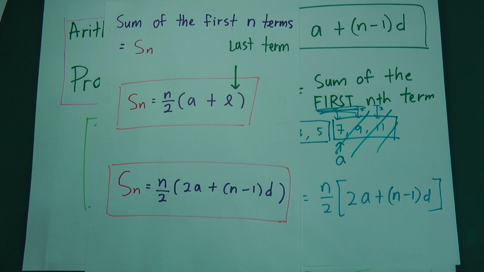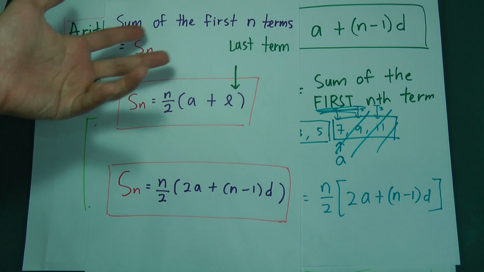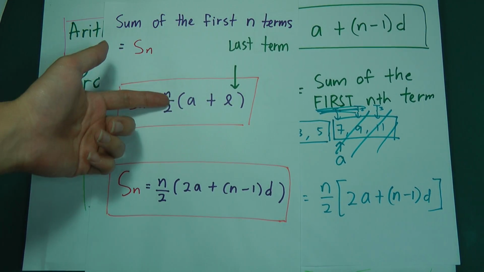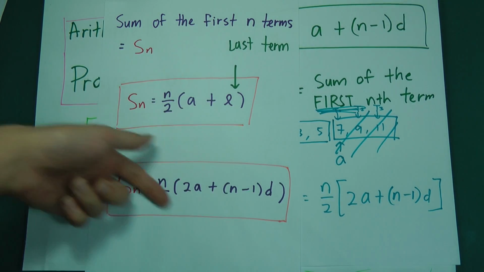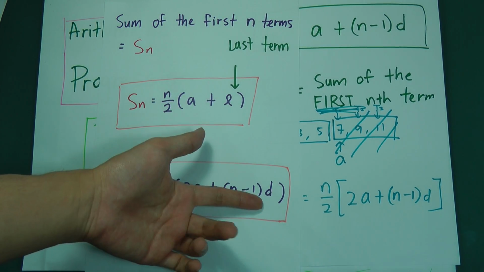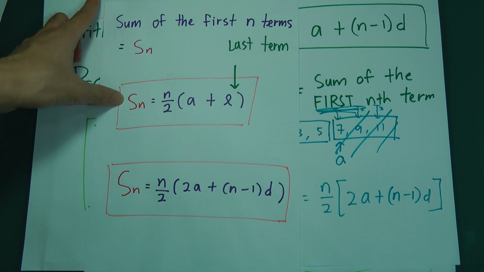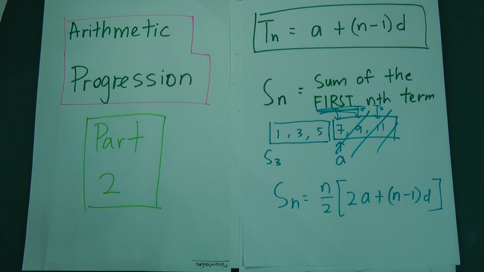But I worry that suddenly your exam doesn't give you the difference and straight away gives you the last term and first term, and you do not know how to apply it because you do not have the difference. Then you can use this formula. Okay, just apply it in. Then we go to some questions.